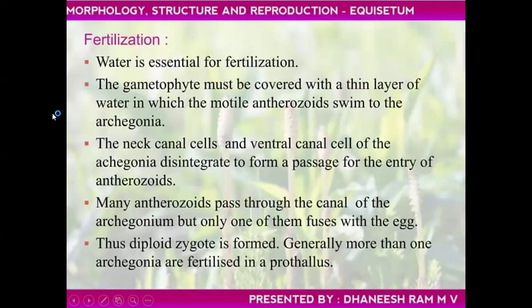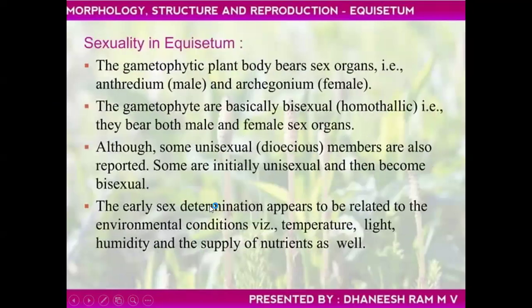Next comes fertilization. The antheridia, which are developed on the gametophyte, produce antherozoids, the male sexual gametes, and the archegonia develop the female sexual organs. That is, the archegonia develop the female gamete called the egg.